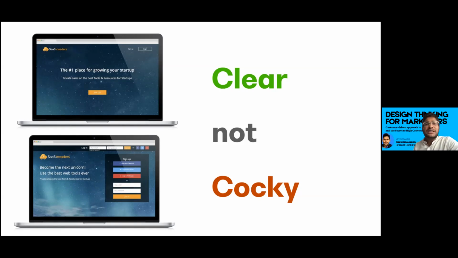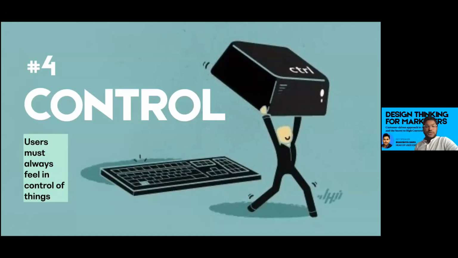And it's not clear enough what exactly SaaS Invaders has in it for the users. And why should I even fill in my email, right? But when they redesigned it and made it much simpler, they removed all the elements that created anxiety in people. They came up with a much clearer, much simpler page that had much higher conversions. Control.